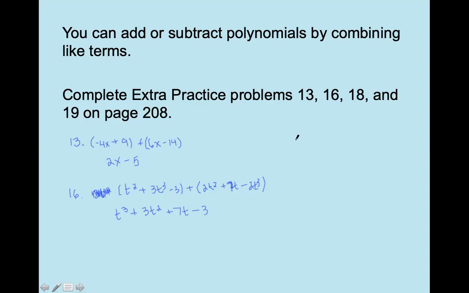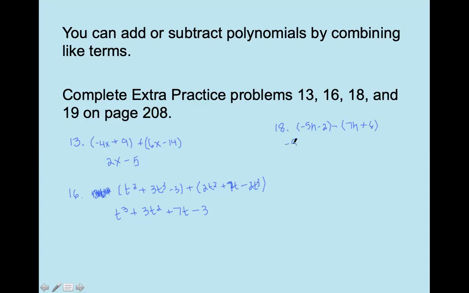This time we're doing some subtraction. It's asking us to find the difference. So be careful with your negative signs. I have negative 5h minus 2 minus a 7h plus 6. All right, if it helps you, you can always rewrite these without the parentheses.